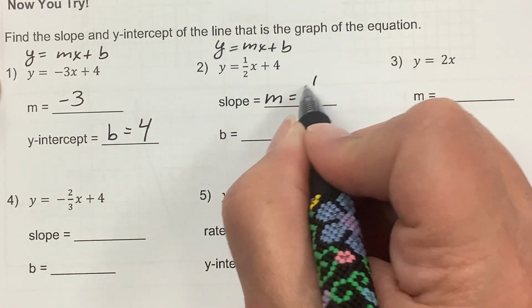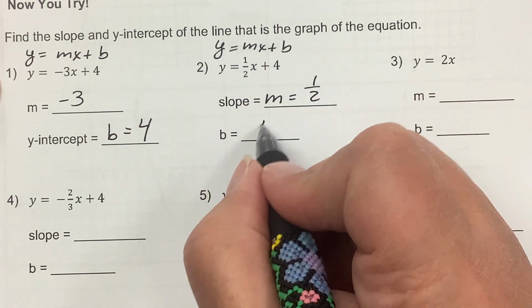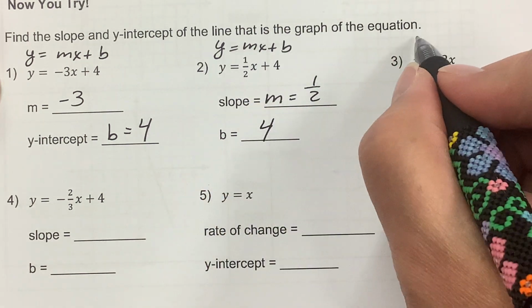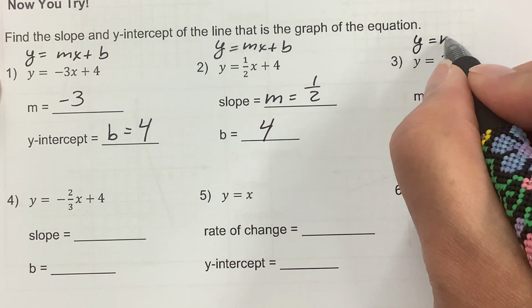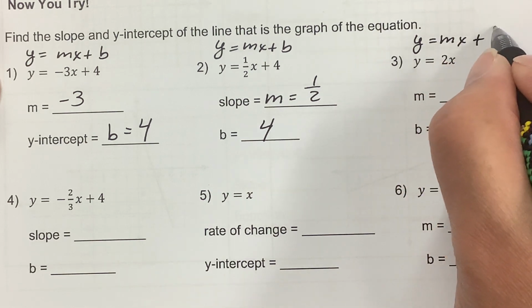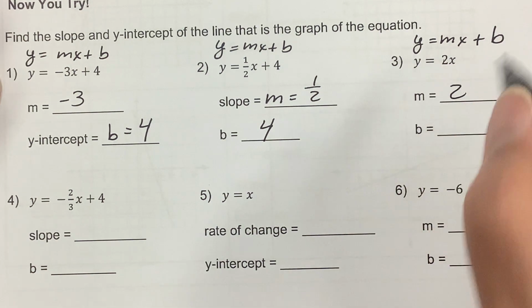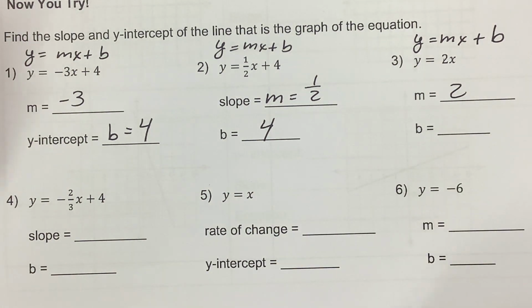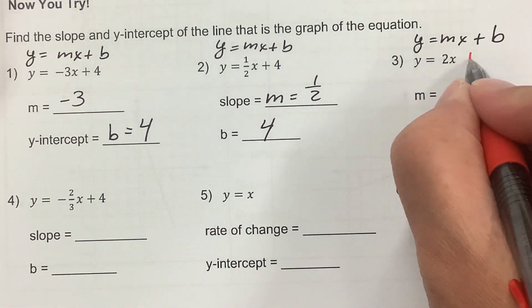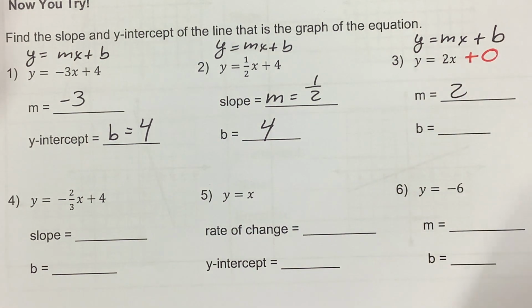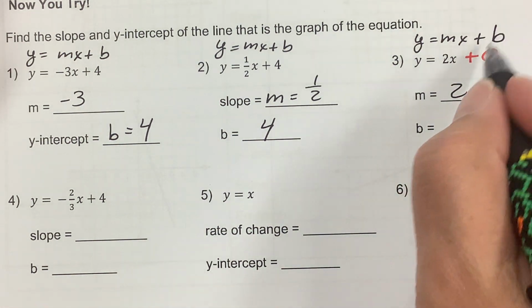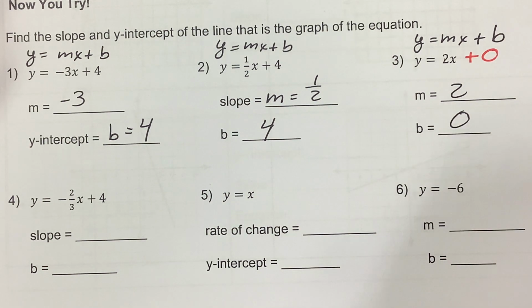M is 1/2. B is 4. Y equals mx plus b. M is 2. B is not there. When something is not there, you have to write in your own +0. B is 0.